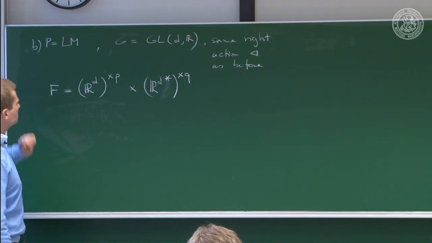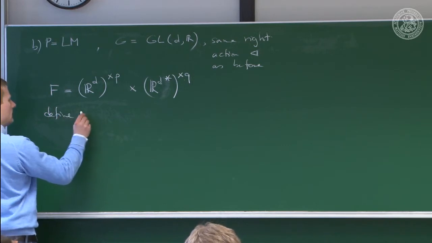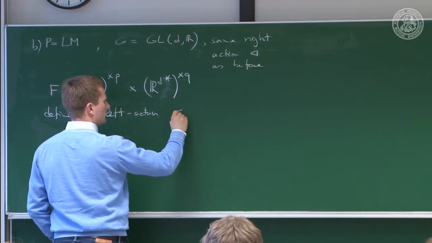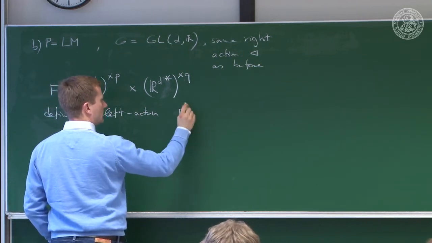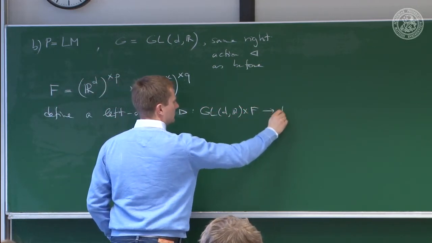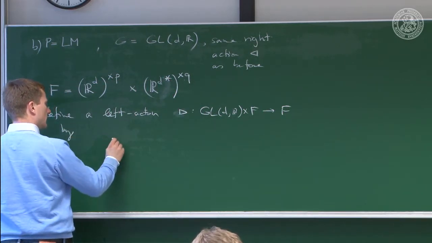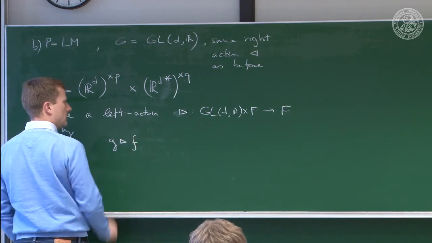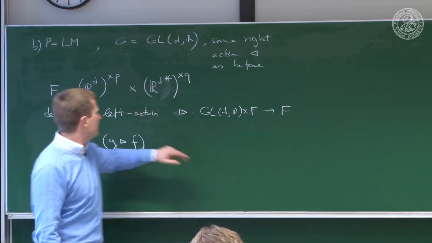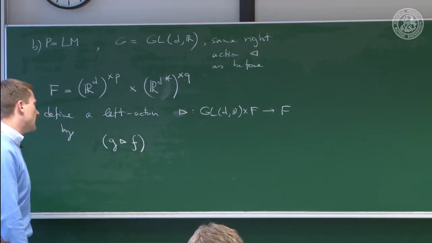So this is the fiber, and we define a left action of GLDR on this fiber by G acting on an element of F, and the result will lie in F, but F is a space of P copies of RD with Q copies of RD star.